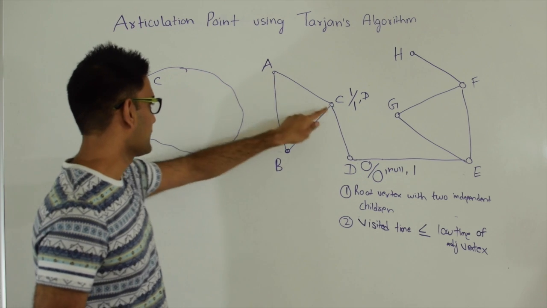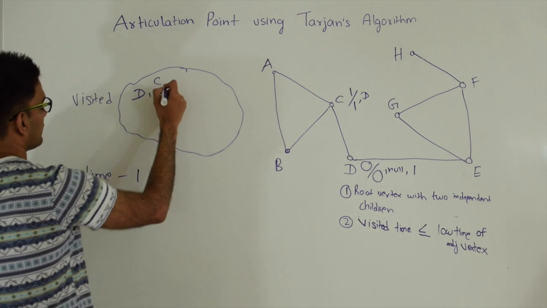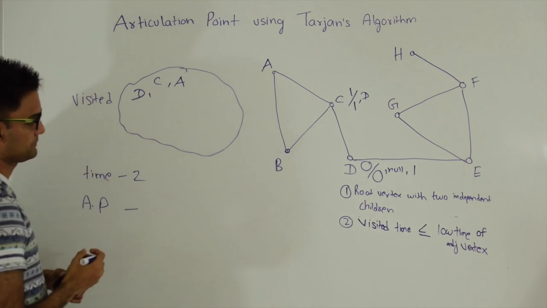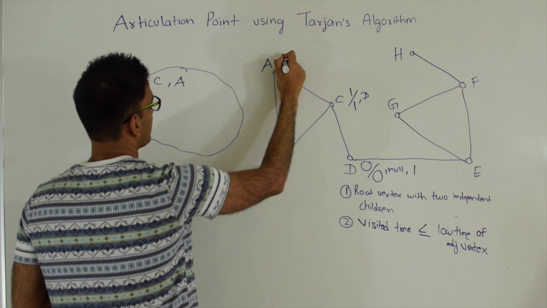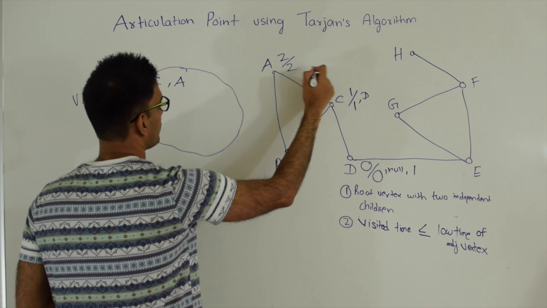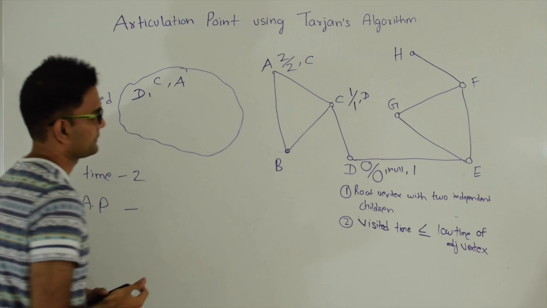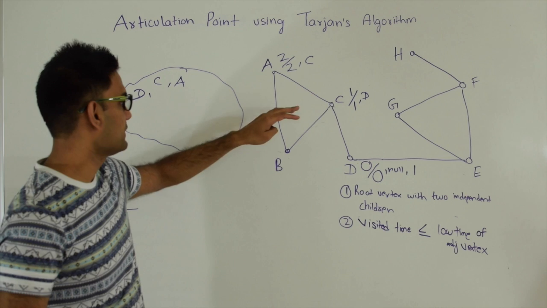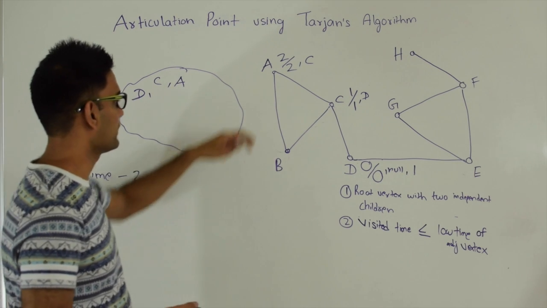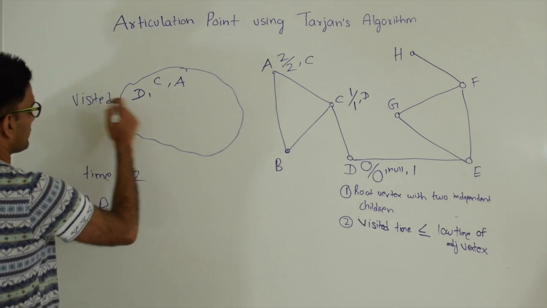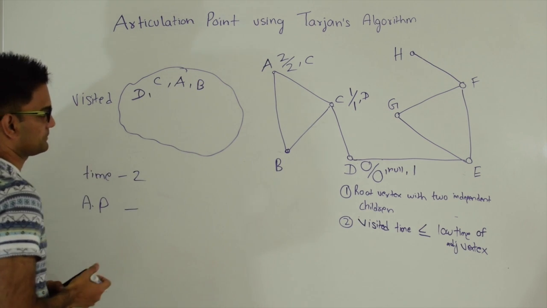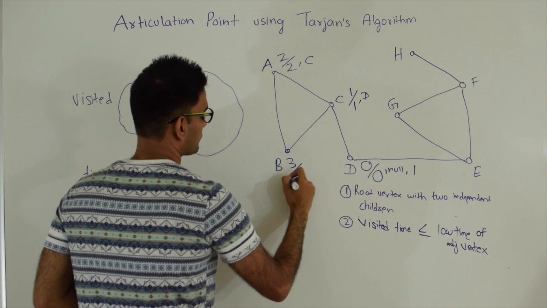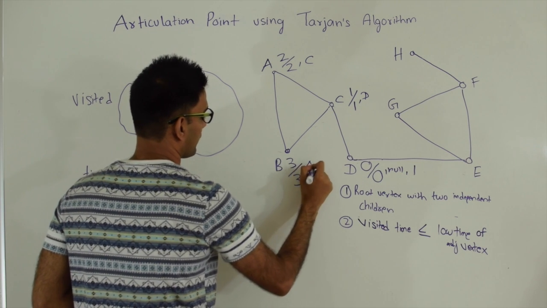Then the next child we get is A. A is not in visited, so we'll add A to visited, we'll increment our time by 1, and so the visited time will be 2, low time will be 2, and the parent will be C for A. Then we'll explore the children of A. The first child is C, and C is where A is coming from, so we ignore C. And then we go to B. B is not in visited, so we'll add B to visited. We'll increment our time, so this becomes 3. So the visited time is 3, low time is 3, parent is A.